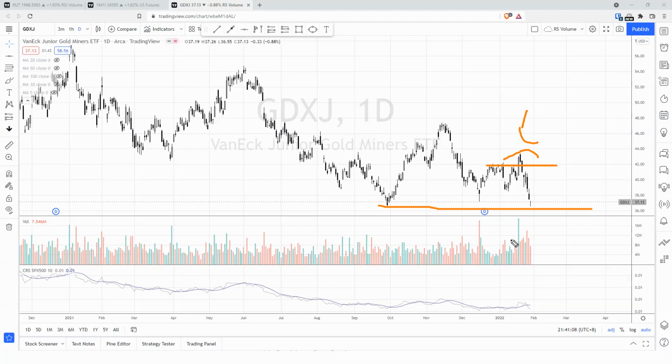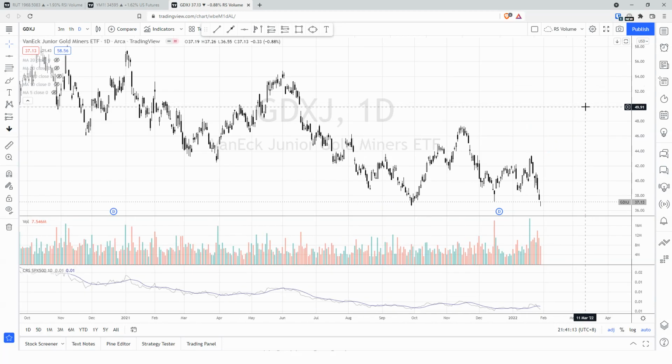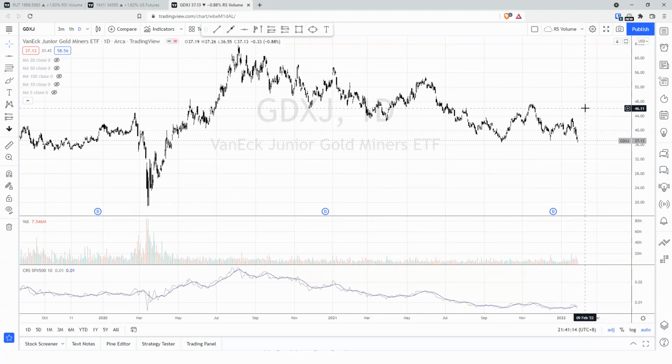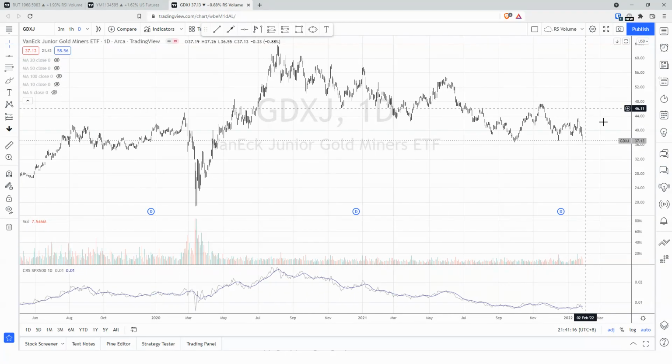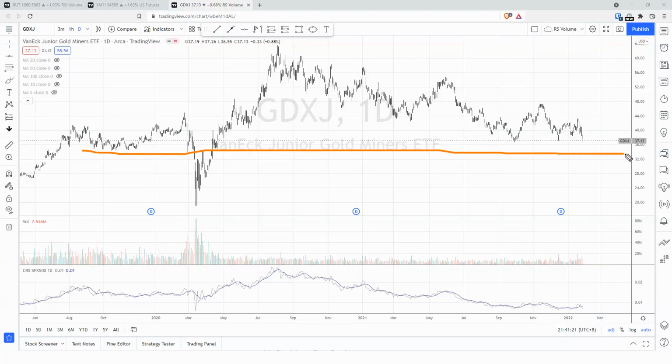So I think this is not really a good sign. It is more bearish than gold itself, the gold miner. The next level of support could be this axis level at about 34, somewhere around here, if it falls at this level, 37.